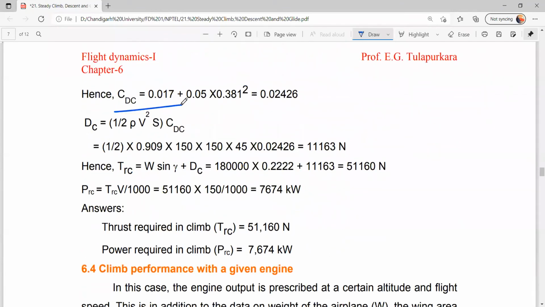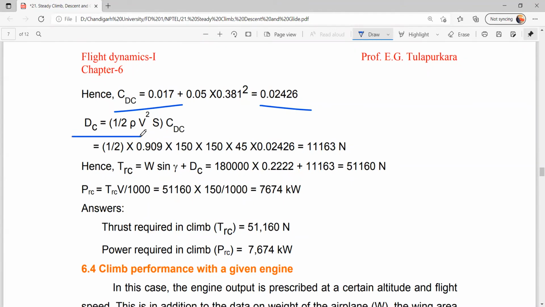So using drag polar equation, we can calculate CD, 0.02426. See, I'm giving the data directly, but I request all of you to solve the problem so that you can at least note down the parameters. When we have time in the later part, after your MST2, we can solve that again with various parameters.